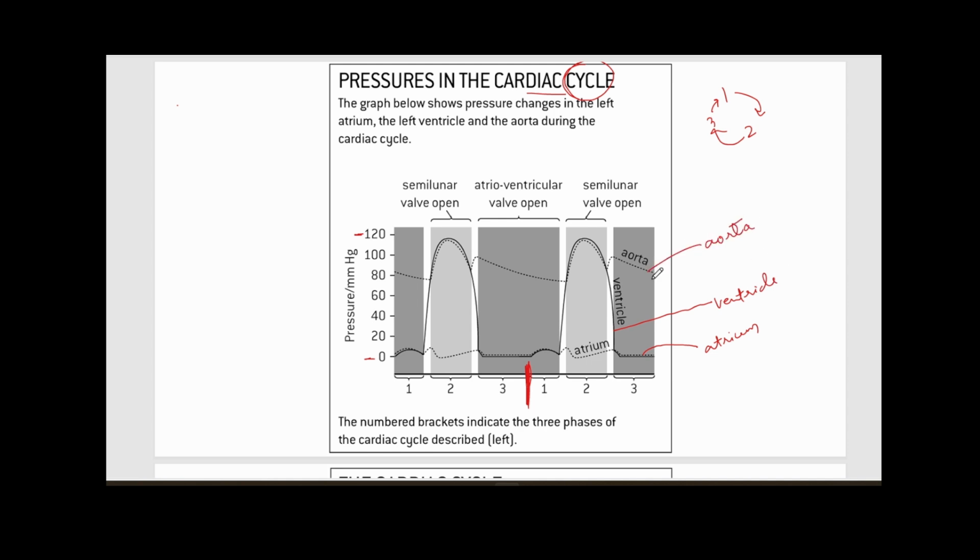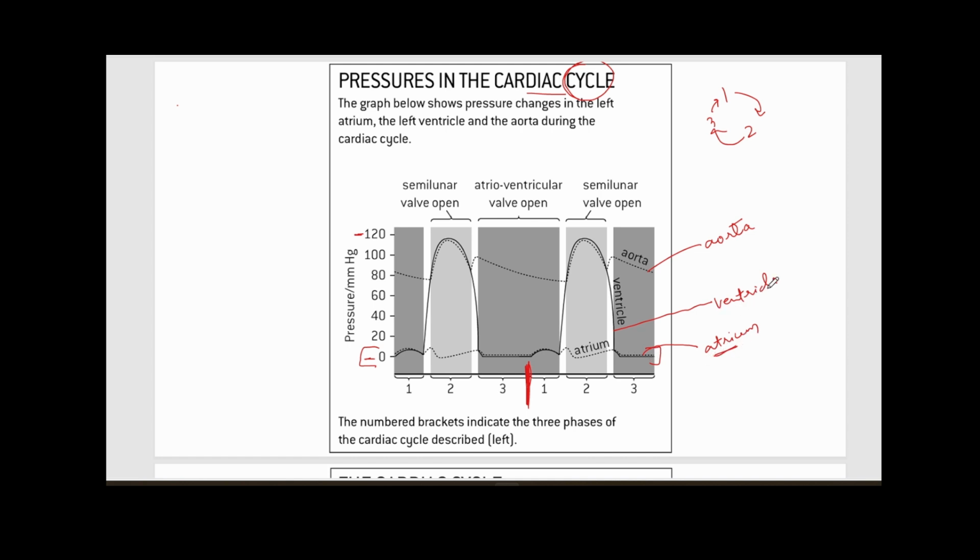Okay, now because we already studied that atria have thin muscles in their wall, they do not generate a lot of pressure. So if you see this line which is showing the pressure in the atria is always low, right? Because they don't need to generate a lot of pressure, they are receiving chambers.